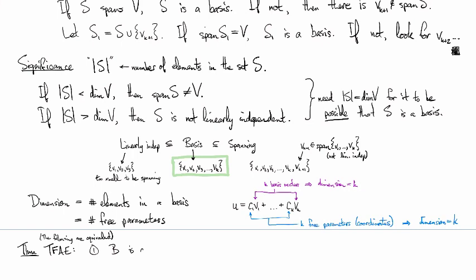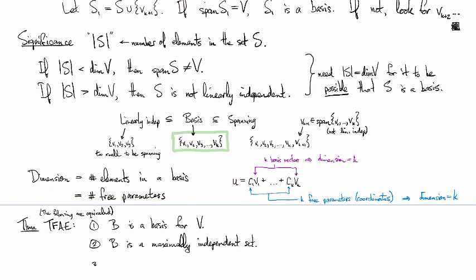B is a basis for the vector space V. B is a maximally independent set. And B is a minimal spanning set.